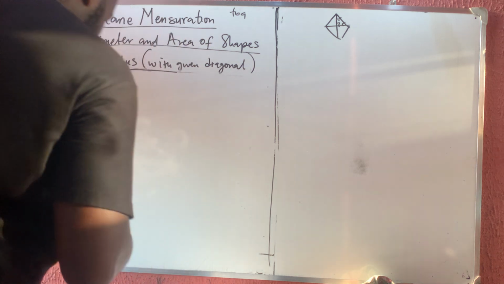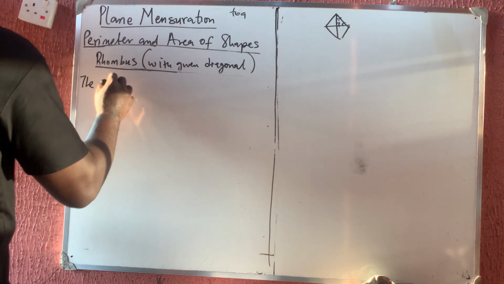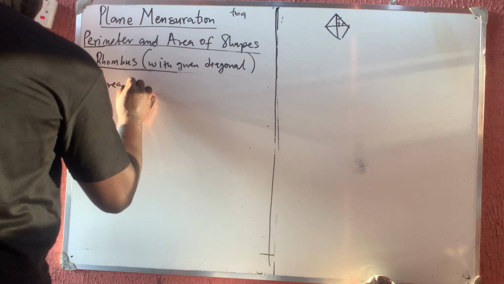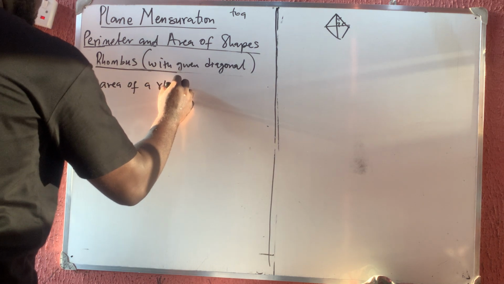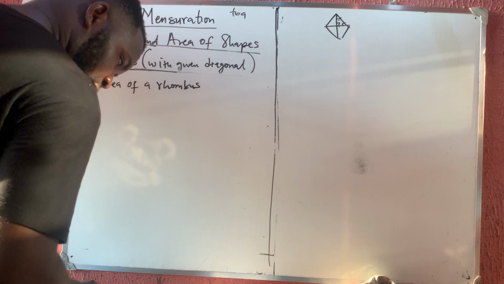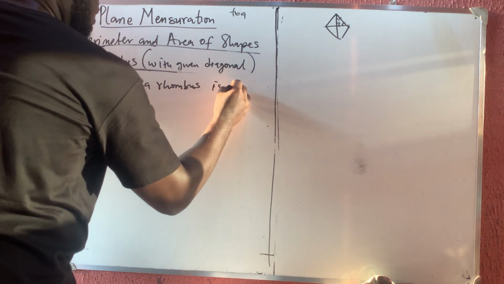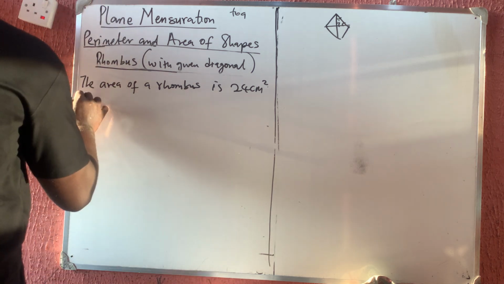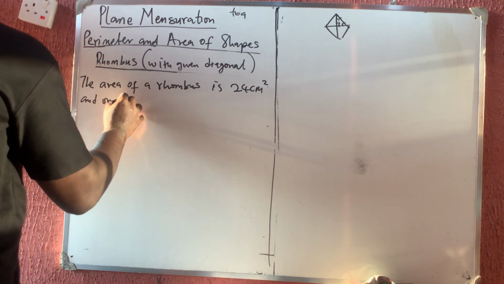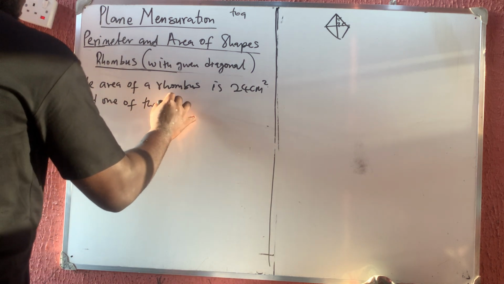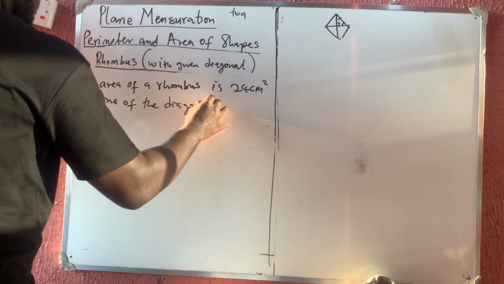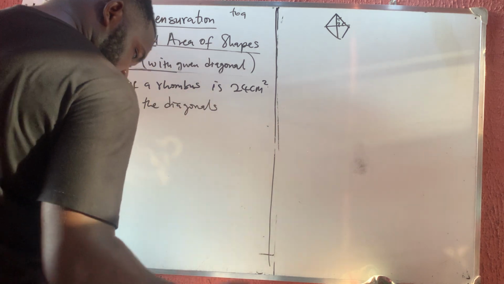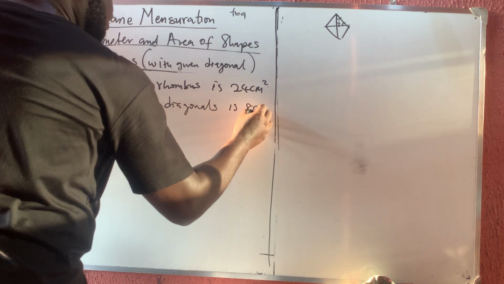So they say that the area of a rhombus is 24 cm squared, and one of the diagonals is 8 cm.